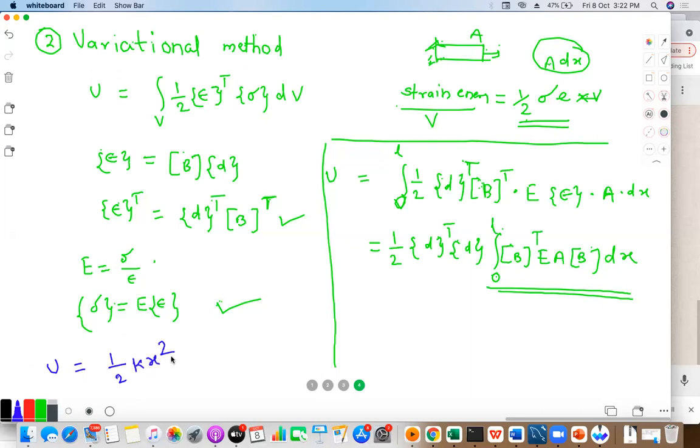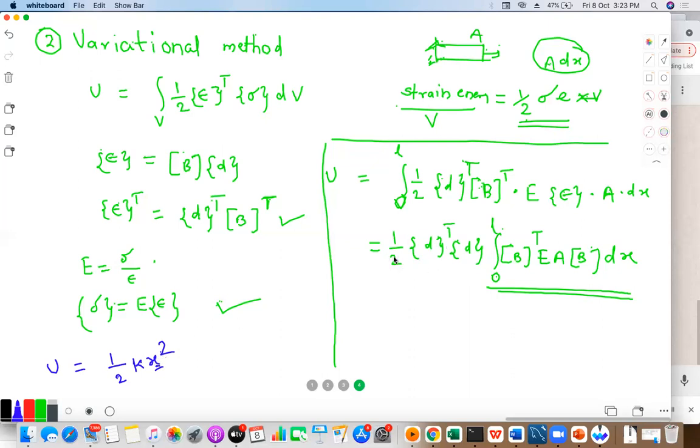That is my strain energy for spring. Now, x here is displacement. Now, d multiplied by d transpose is similar to the x square, right?